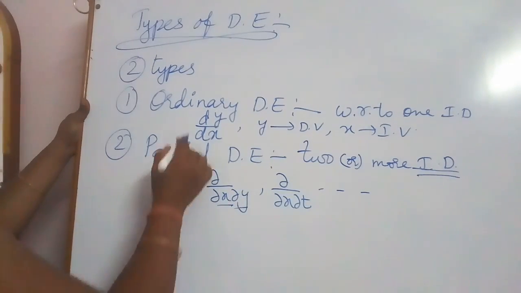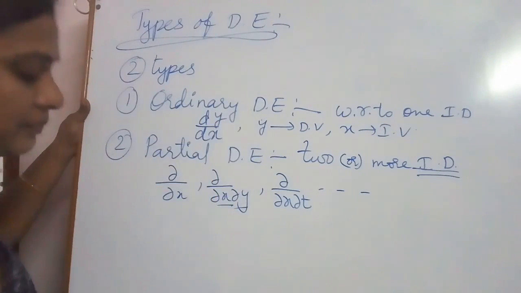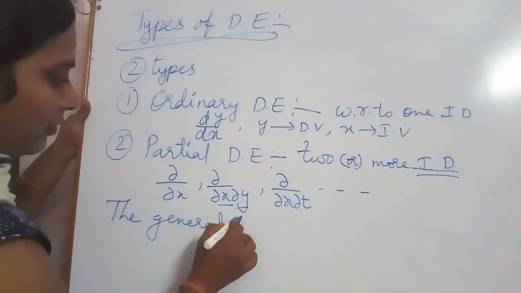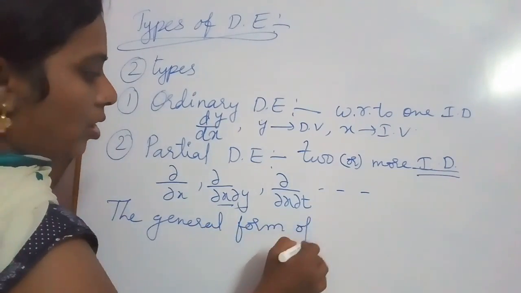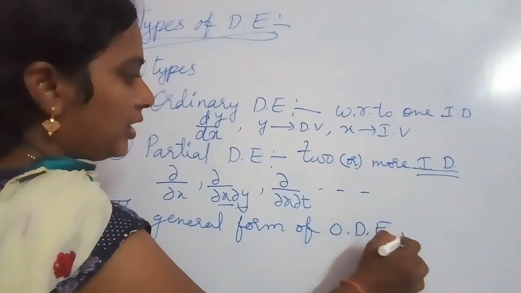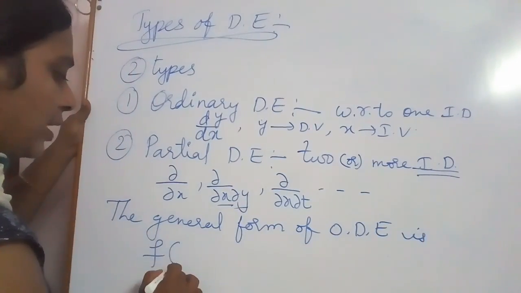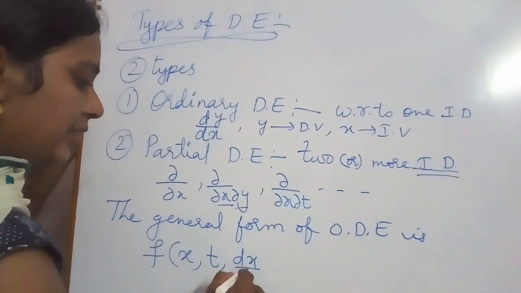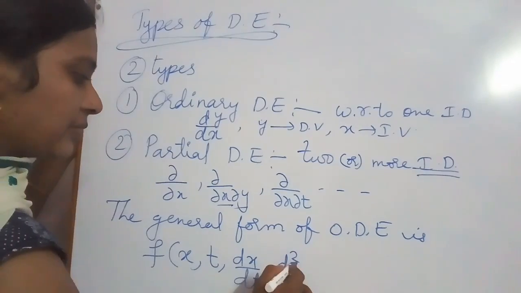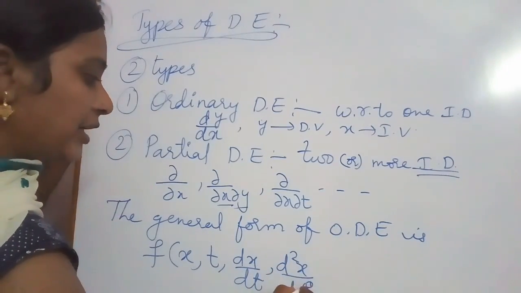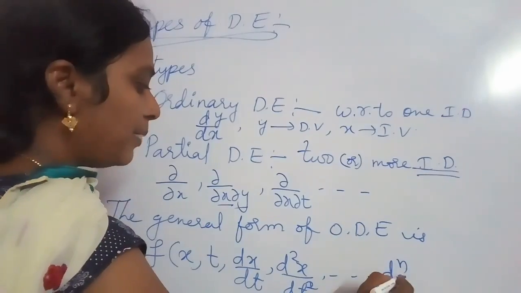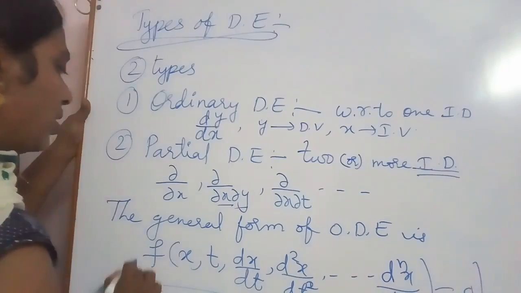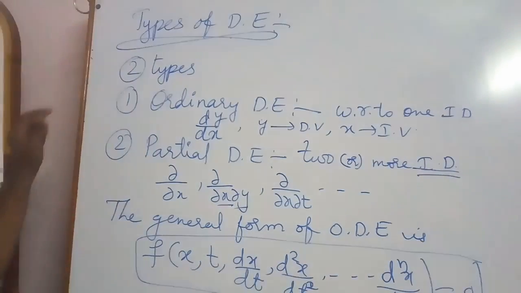The general form of the ordinary differential equation is a function of the dependent variable, the independent variable and its derivatives dx by dt, d square x by dt square, up to the nth derivative d power n x by dt power n, equal to 0.